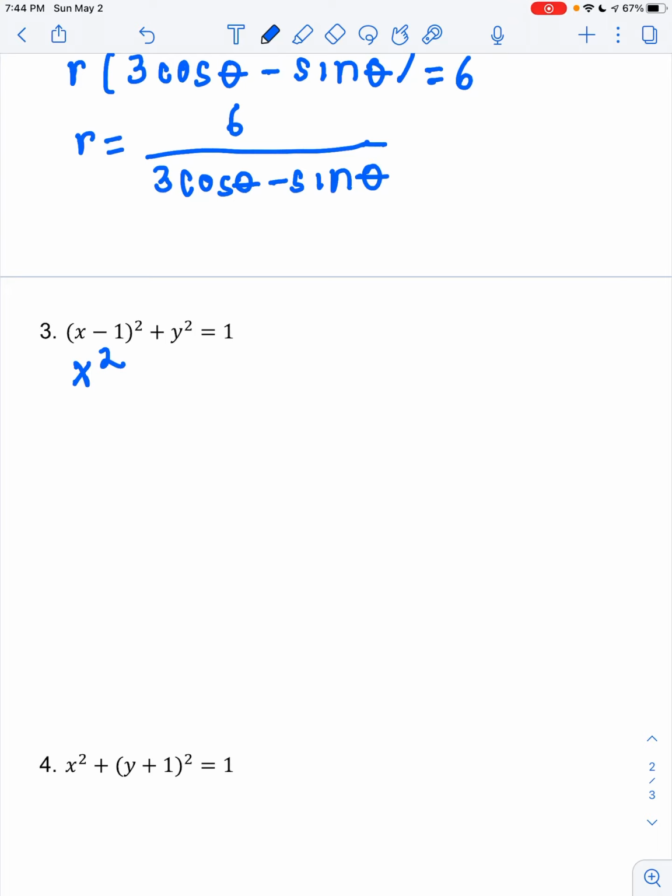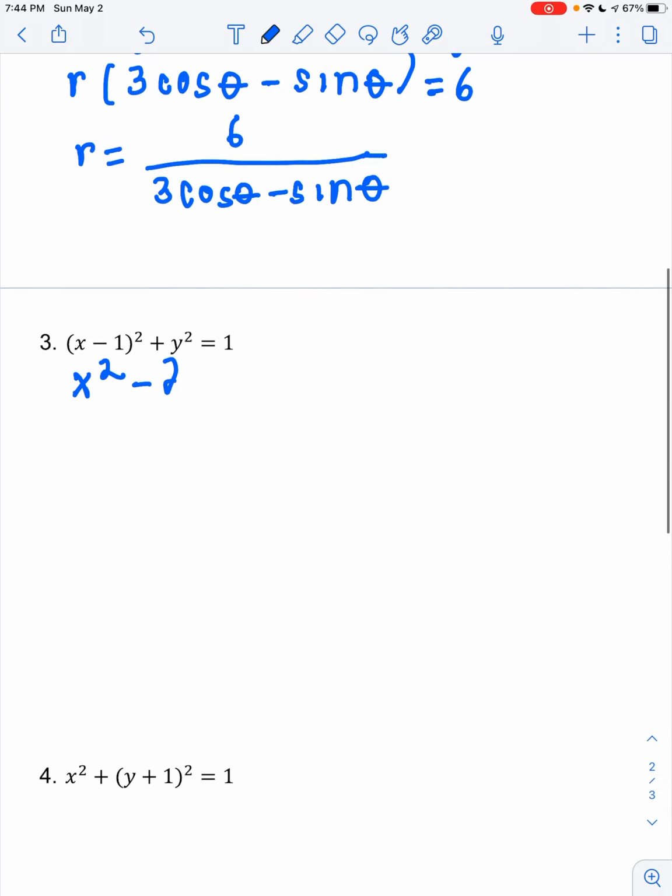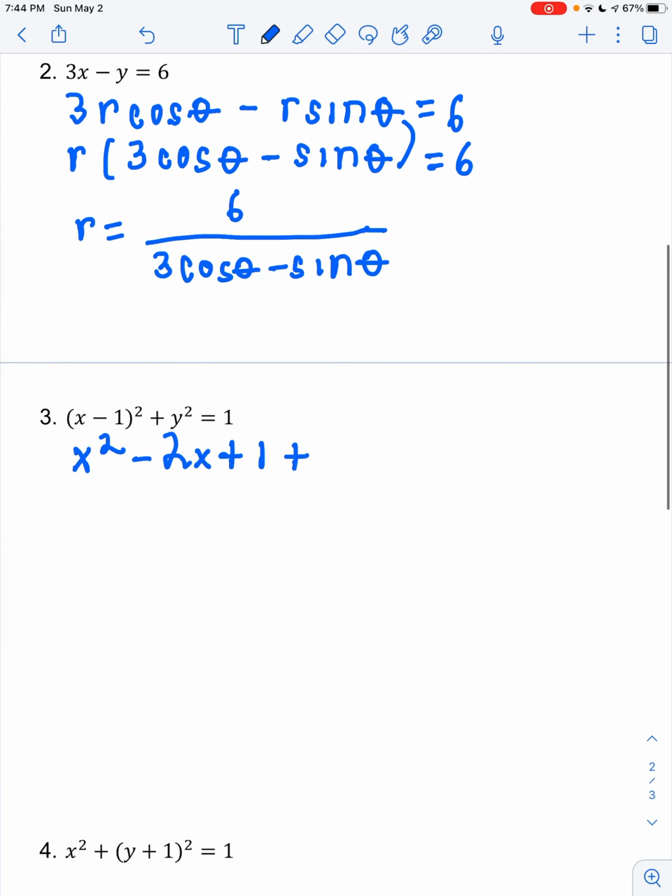So when I do that, I get x squared minus 2x plus 1 plus y squared equals 1. Now I'm going to replace every x with r cosine theta and each y with r sine theta.